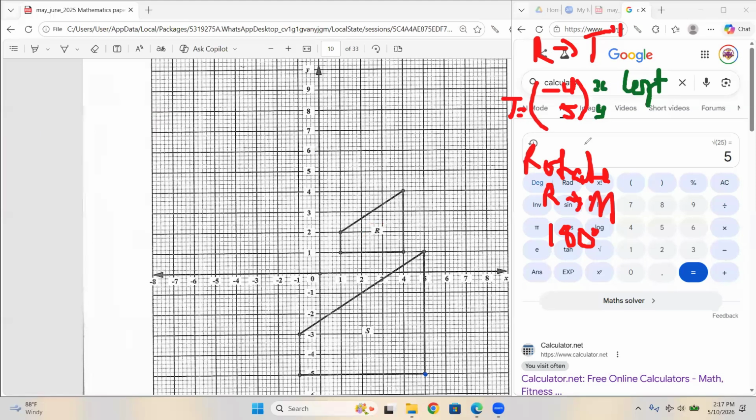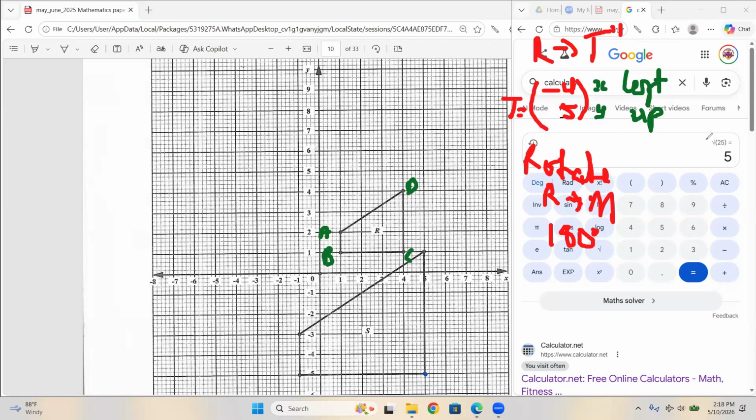If X is positive, you go right. When Y is positive, you go up. If the Y value was negative, you go down. So, just to make it easier to explain, I'm going to put here A, B, C, D. So we have to move these 4 points, move all of them 4 places to the left, 5 places up.